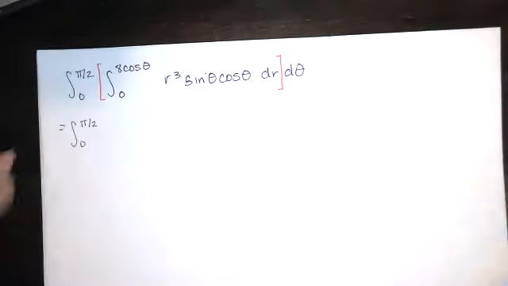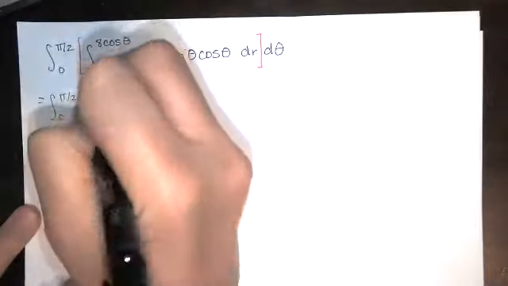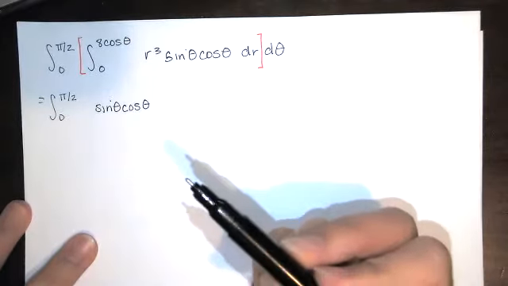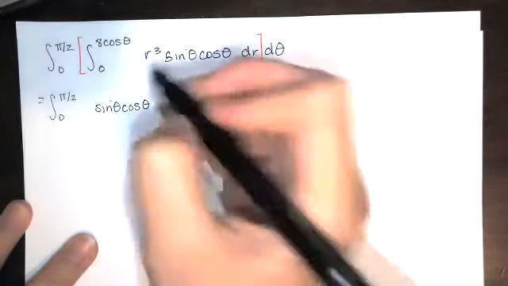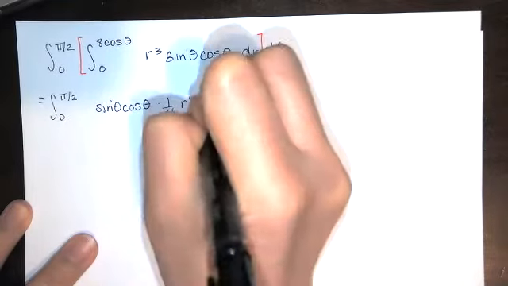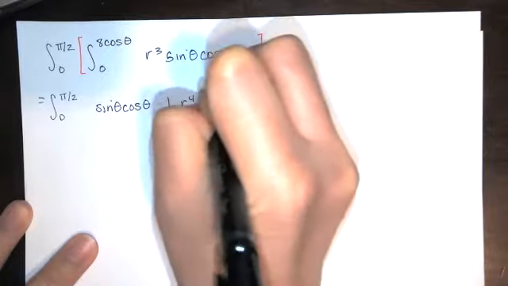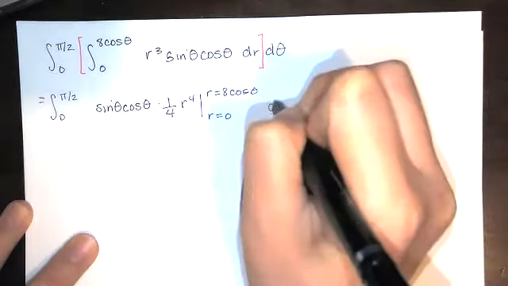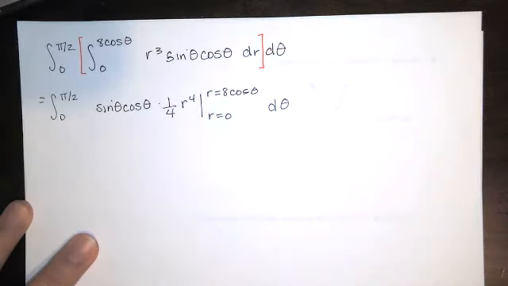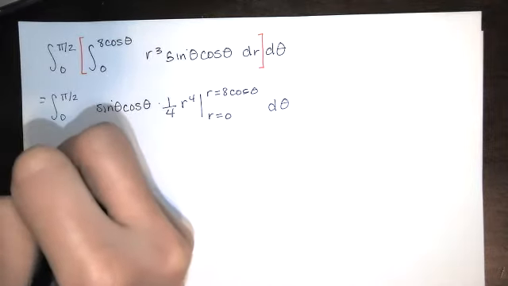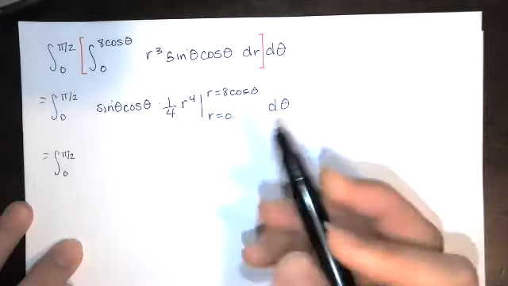Sine of theta and cosine of theta are constant with respect to r, so you can just write those down, factor out that constant, and then anti-differentiate r cubed with respect to r. So we use the power rule. Add 1 to the exponent and divide by the new exponent. Then evaluate from r equals 0 to r equals 8 cosine of theta. And you subtract, of course, by the fundamental theorem. So we're going to have the integral from 0 to pi over 2 of this.